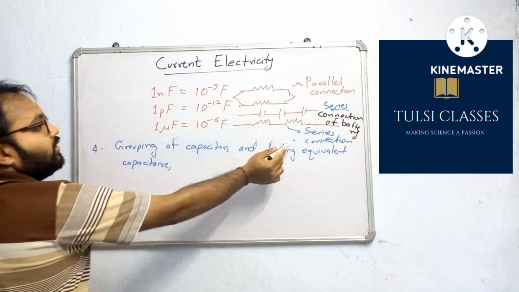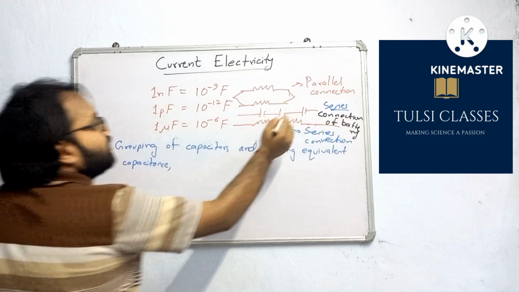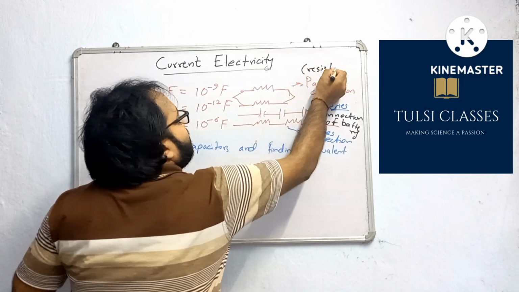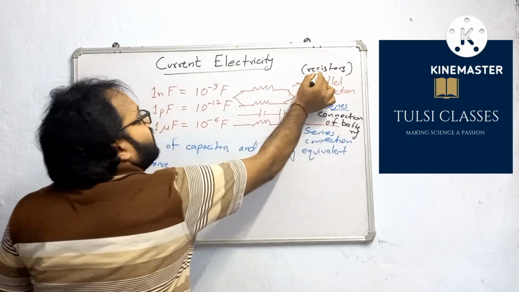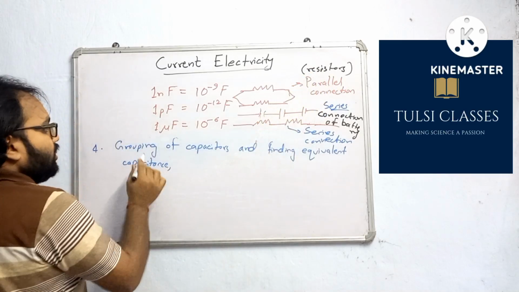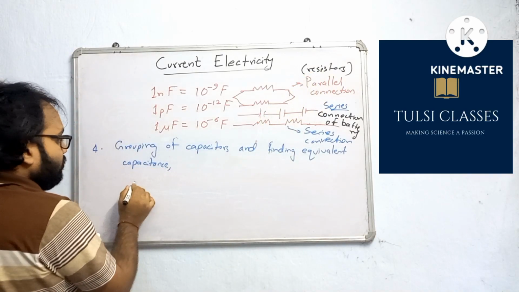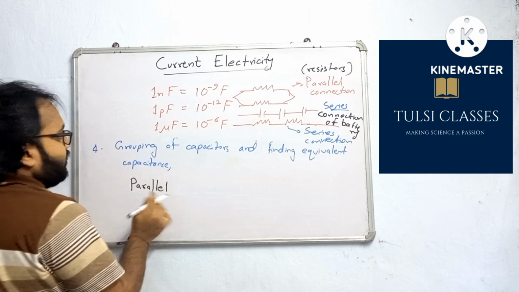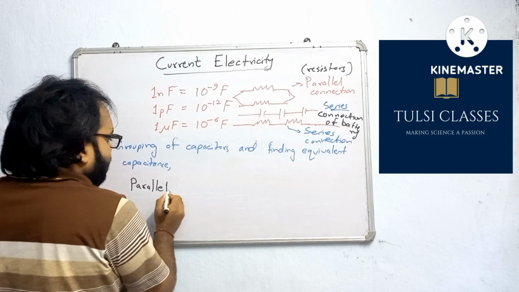This is regarding battery, these are resistors, parallel connection, these are resistors. I think you can read this. Now we are talking about capacitor. So in parallel connection, capacitors are connected parallelly.